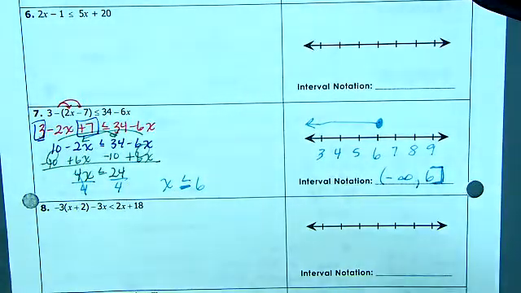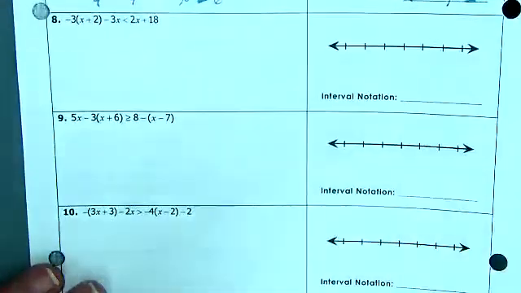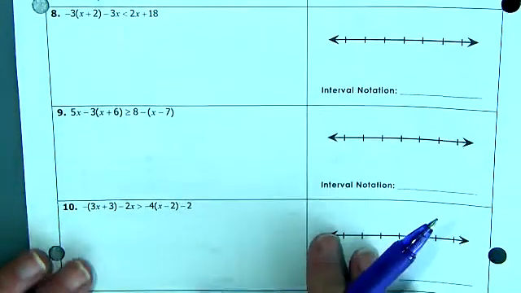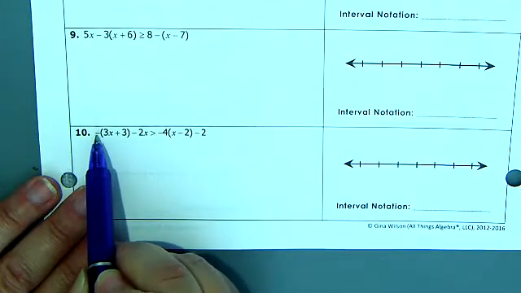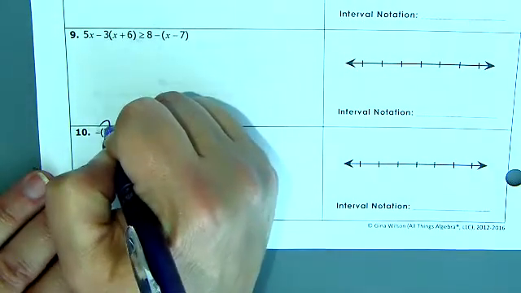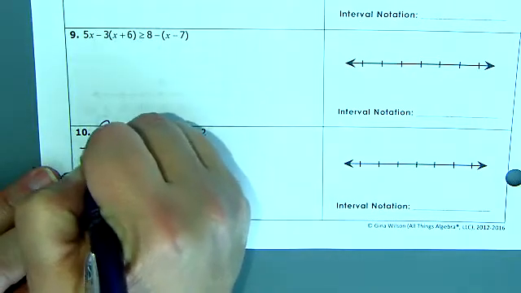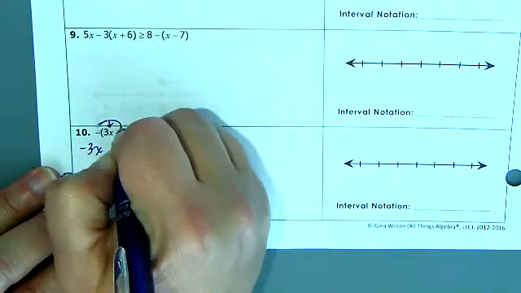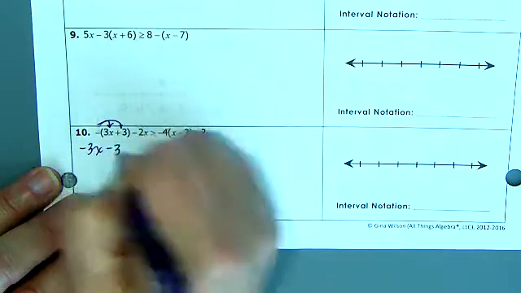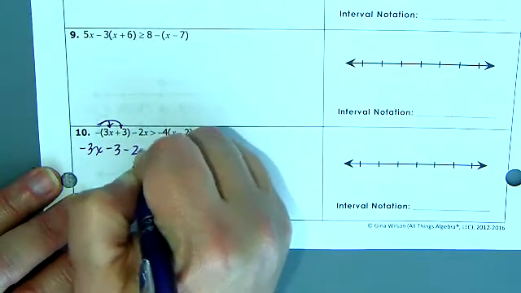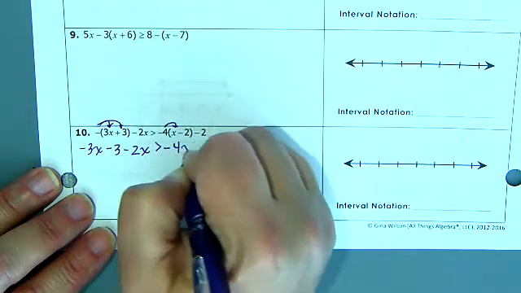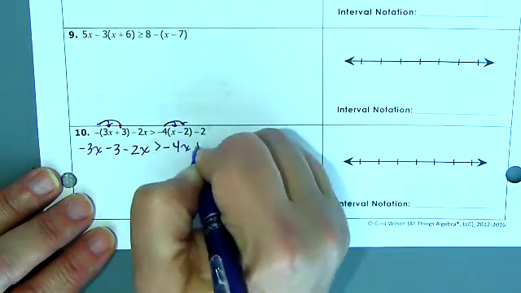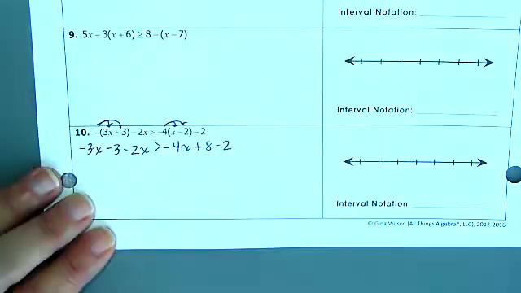All right, last example. Number 10. First things first, I got to do any distribution that needs to be done. That's a negative. That's got to be distributed to everything inside. So I have a -3x minus 3 minus 2x is greater than negative 4x plus 8 minus 2.